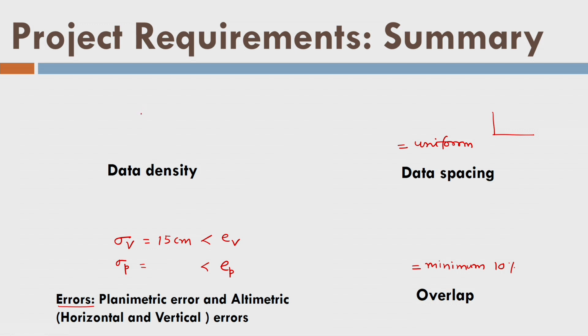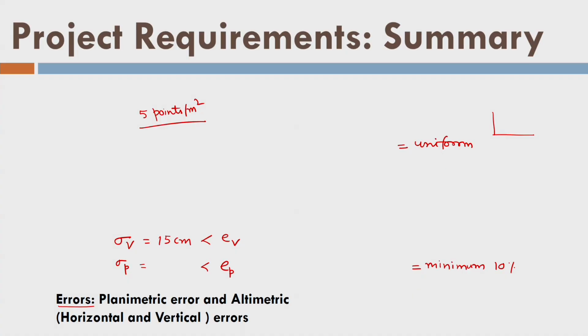Okay, what about the data density? For example, a user says I want 5 points per meter square. So this kind of requirement we should be able to satisfy by the airborne data operation using scanner, GPS and IMU, right. So generally a user demands that the spacing in the two directions, that is my DS and DA, whether long spacing or short spacing, should follow some uniform pattern.